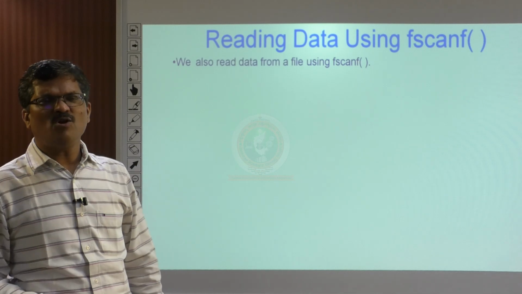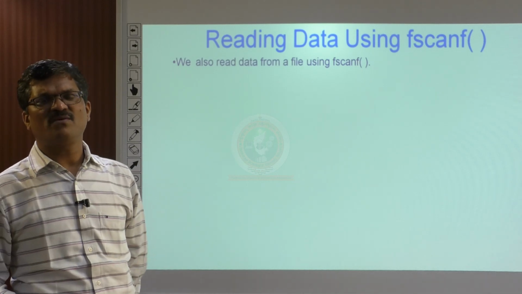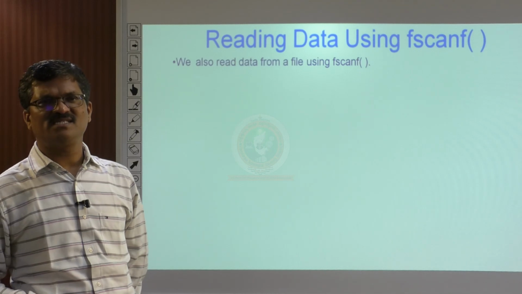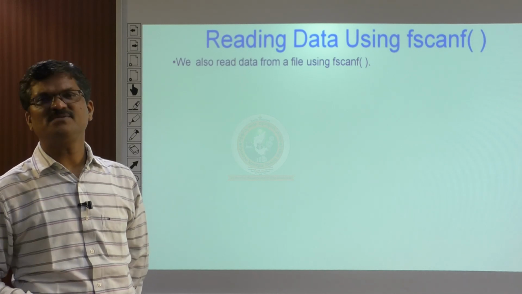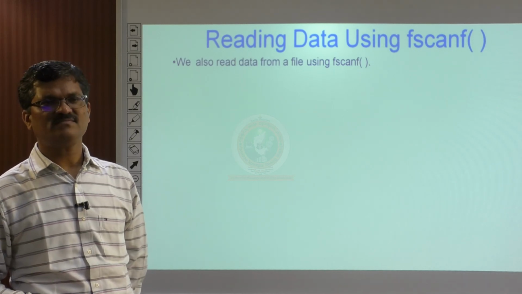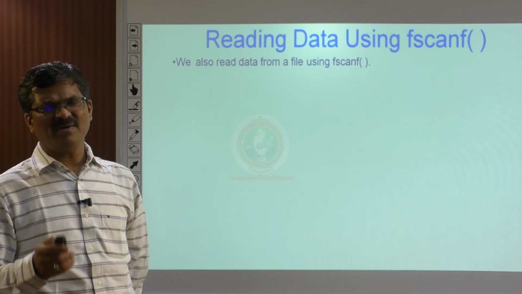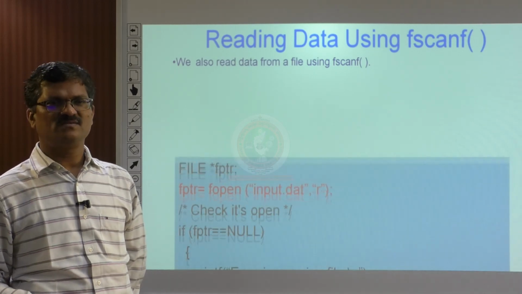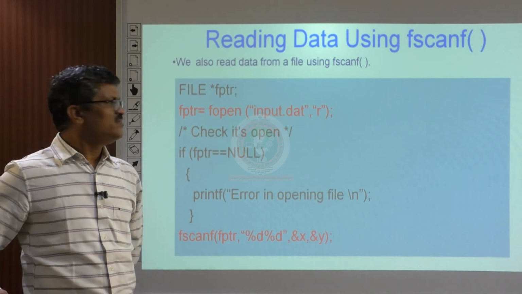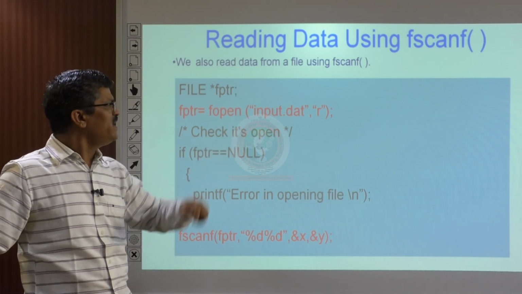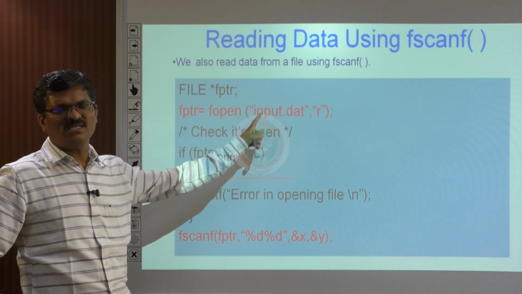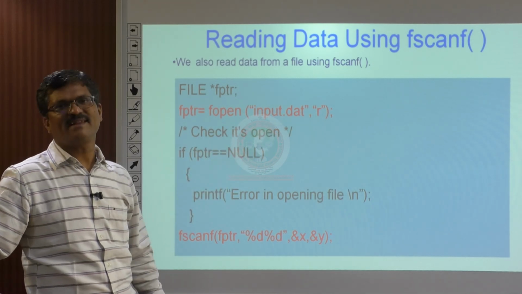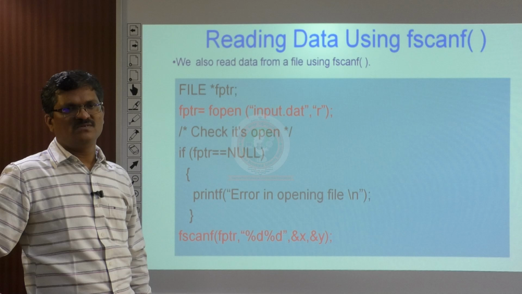Similarly, the other operation is reading data from a file, or reading file contents, using fscanf. We can also read using other commands like fgets. You can see that we are opening a file called input.dat in read mode, fine.